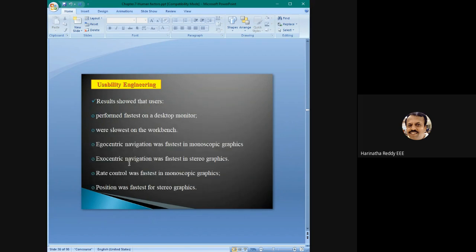From all these conclusions, it is observed that this methodology was performed fastest on a desktop monitor and very much slow on workbench. Is it clear? Egocentric navigation was fastest in monoscopy, and exocentric navigation was fastest in stereoscopy. So like that, we discussed usability engineering methodology.